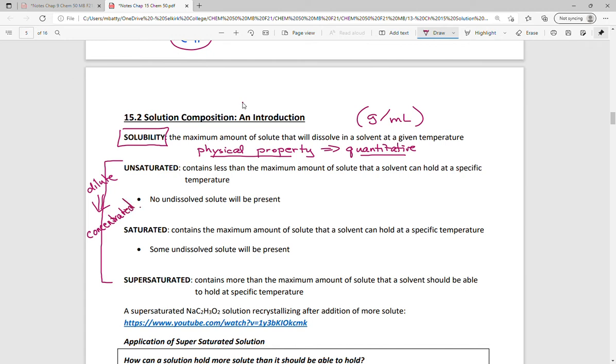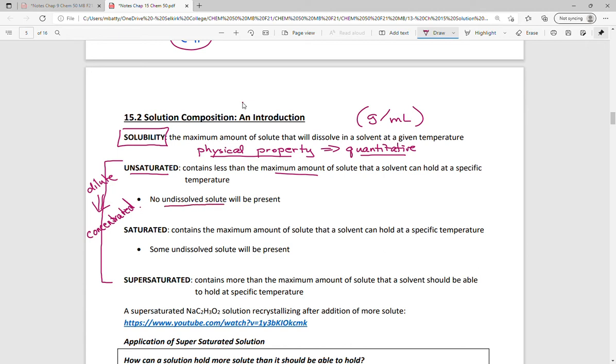So if we were to talk about something that's unsaturated, it means that it has less than the maximum amount of solute that this concept of solubility is defining. So you could put more sugar in the water, right? Or more salt in the water. So when you have an unsaturated solution, you know because you don't have any undissolved solute present.